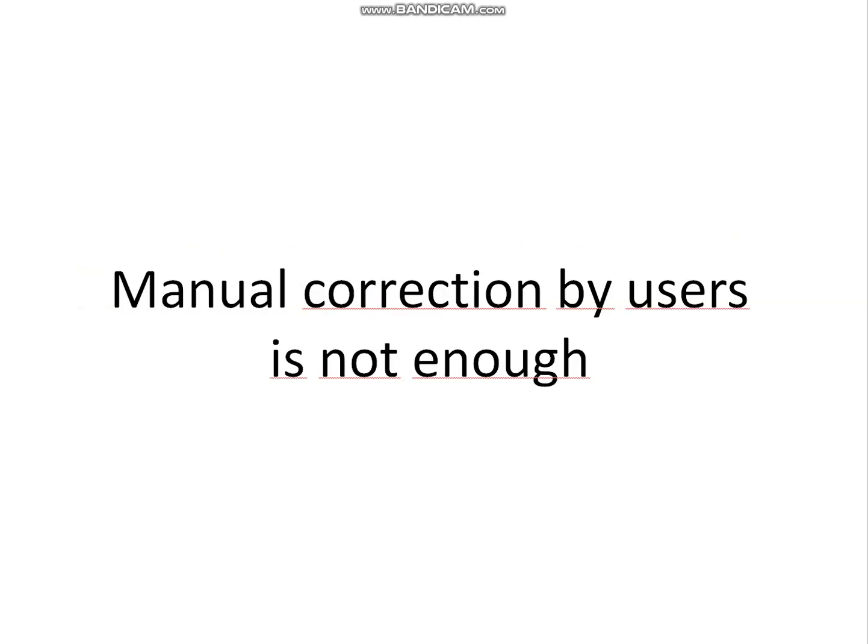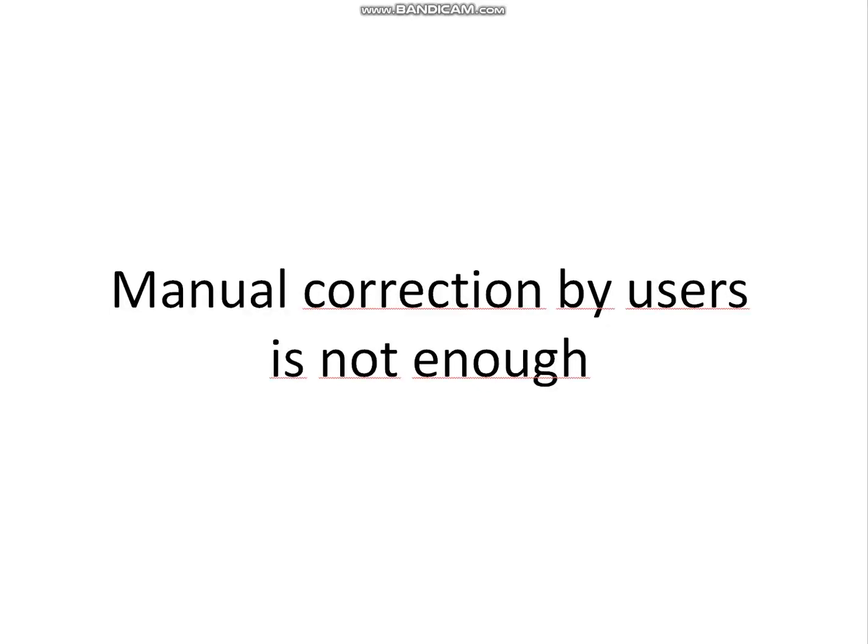So technically, Toucan does have mechanisms to correct these things, but it relies on the users manually warning them of each individual error. And that's like trying to put out small patches of fire when the whole forest is burning. It doesn't do very much, because as soon as you put out one fire, it's going to pop up somewhere else.